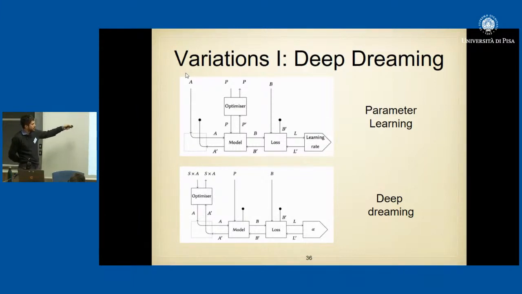So the change in the input is not important in the model, but at the moment we want to reprocess our input image, which is what happens in deep dreaming, for instance, we can think of this reprocessing as the act of giving this change back to an optimizer that is feeding me a new set of inputs. So deep dreaming is nothing but shifting this optimizer box over my inputs and their changes. And you see now my model is assumed to be trained, so I'm not doing anything more with my P primes.